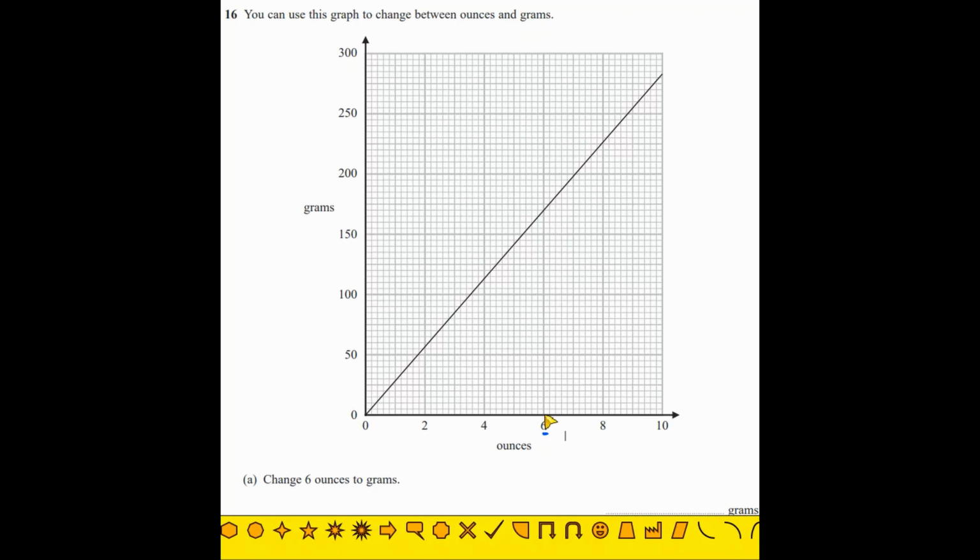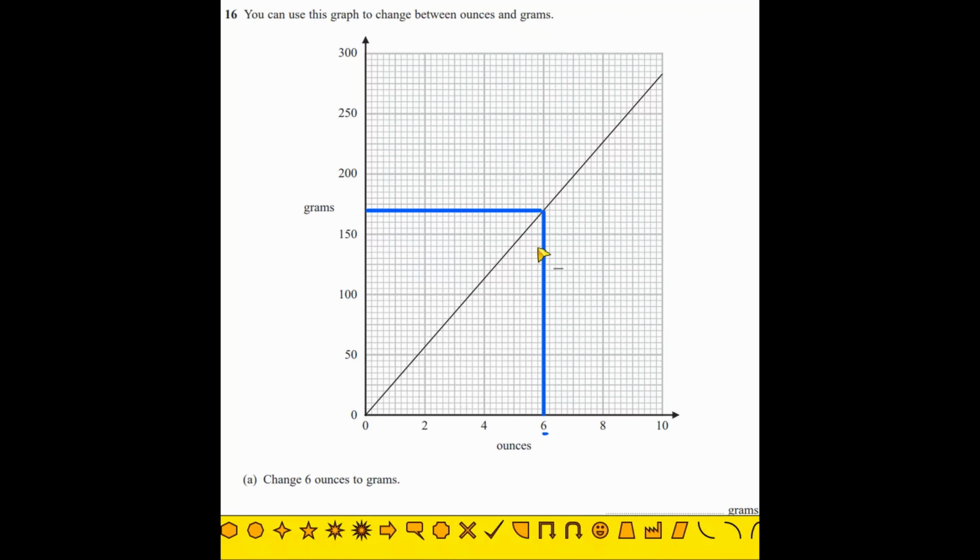I will be as accurate as I can here. Not so easy on this screen, but it's about there, and I need to go right up to the line. Then I need to mark across from the line to the corresponding point on the grams. That is how we convert.